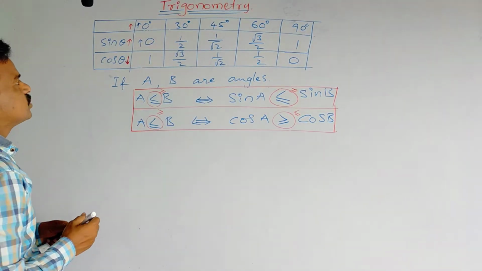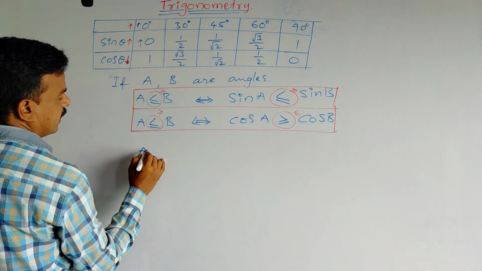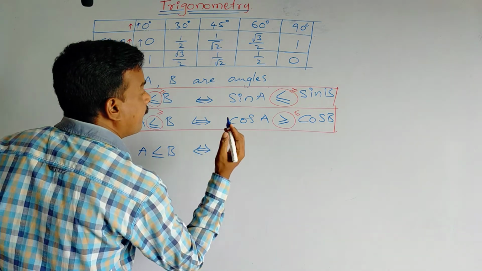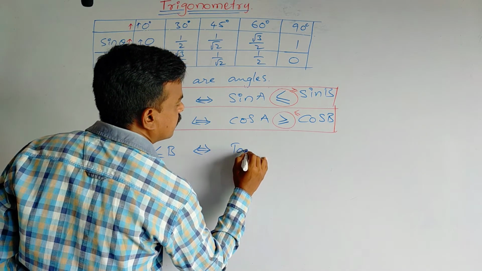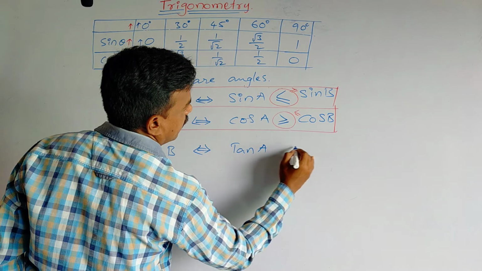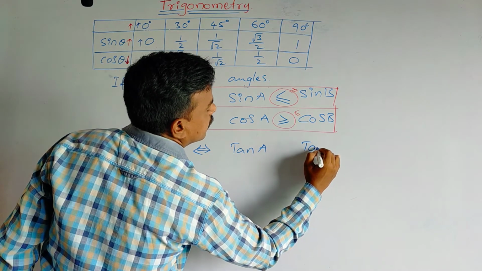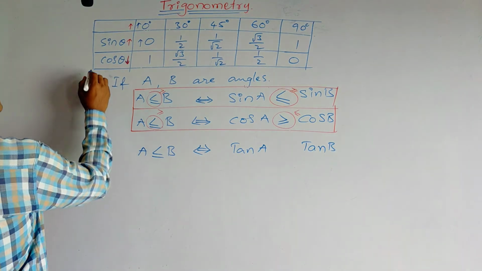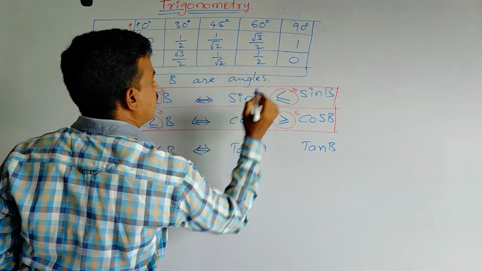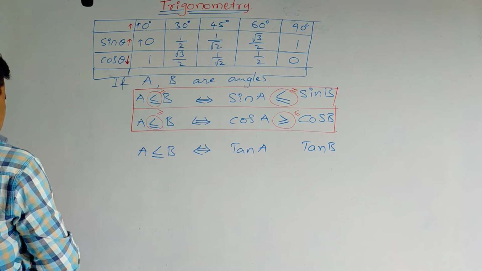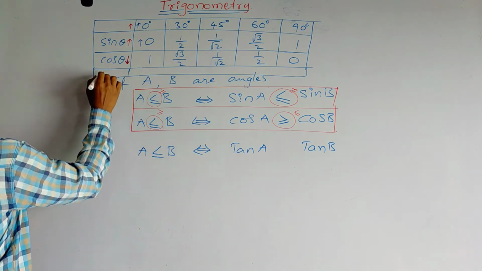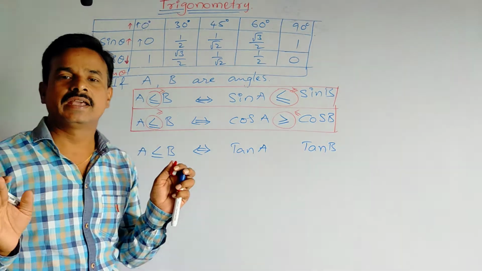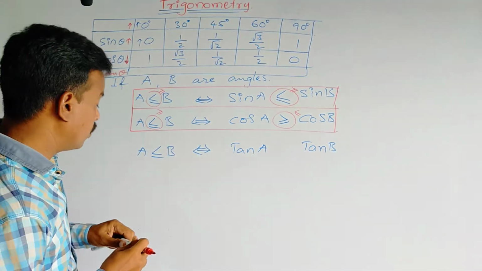Now next, for tan, we have to take A less than or equal to B, and then see what will happen in the values of tan A and tan B. Before that we have to write the tan values. Tan theta is equal to sin theta by cos theta, we know that.